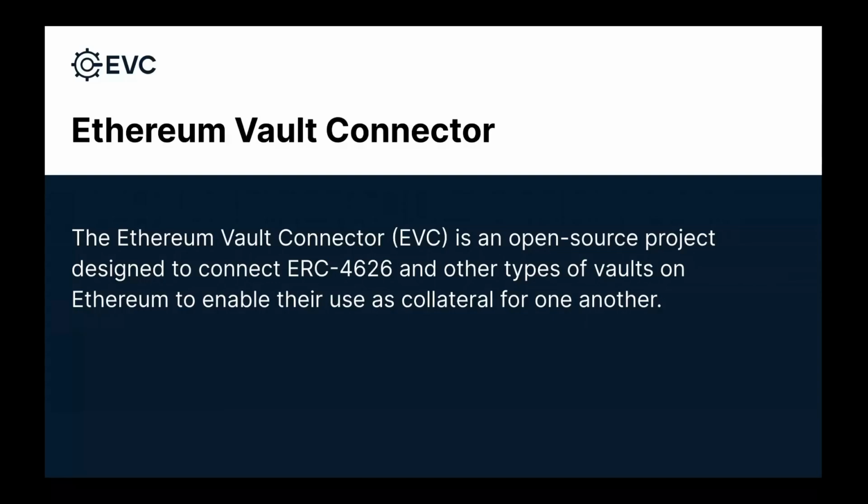The Ethereum Vault Connector, the EVC for short, is a brainchild of the Euler Labs team. The EVC is an open source project that was designed to connect ERC-4626 and other types of vaults to enable their use as collateral for one another. What we would like the EVC to become is a foundational layer for developers to build their own lending products, stable coins, yield aggregators, and other products on top.